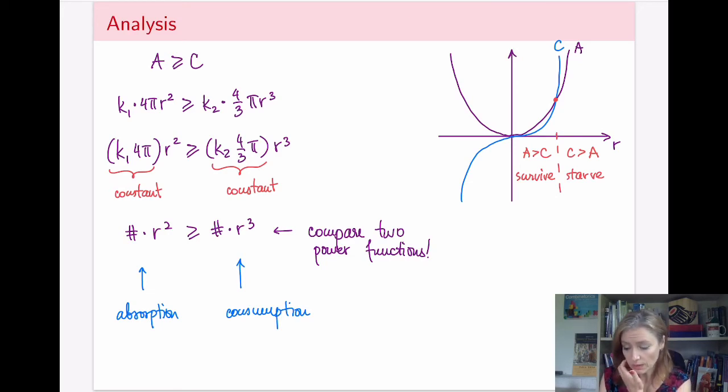So here we've determined that essentially this is what happens. For small values of r, remember this is our r-axis, a cell is able to survive, and then it will reach a certain point in its radius, which determines its size, where the consumption, the nutrients needed to sustain life within a large spherical ball, will be bigger than it can absorb through its surface area.